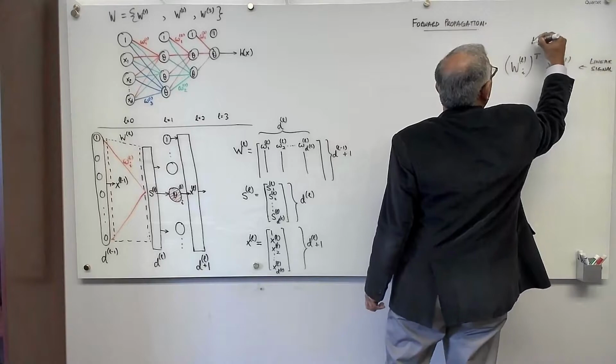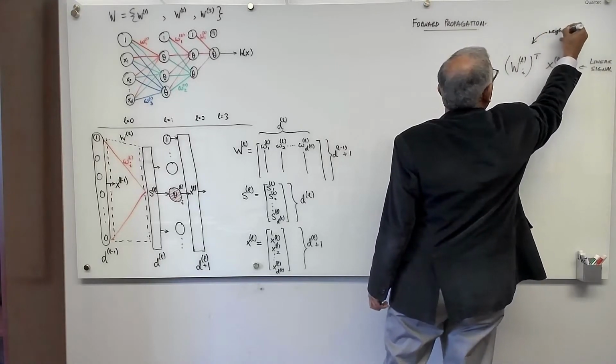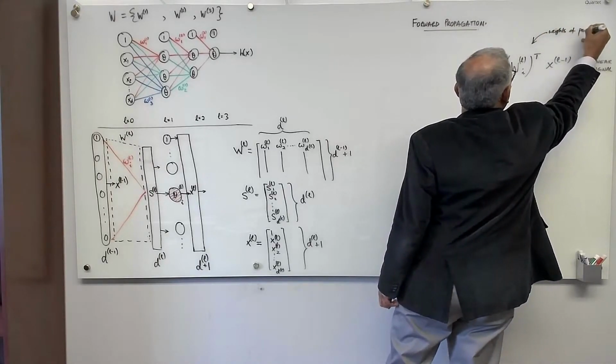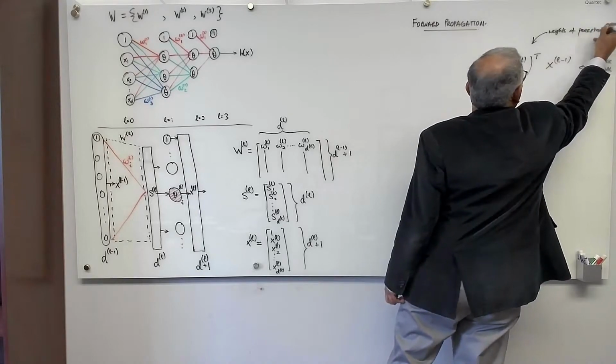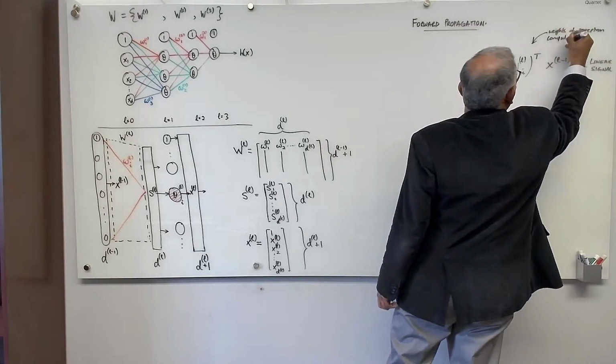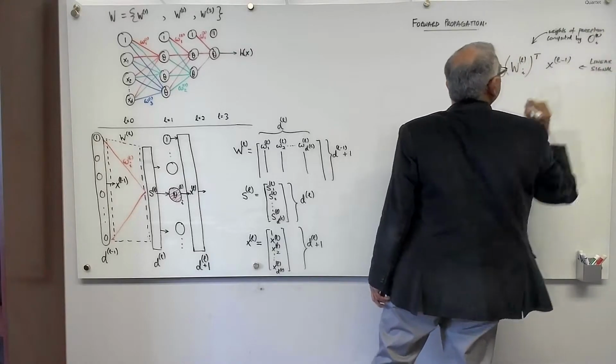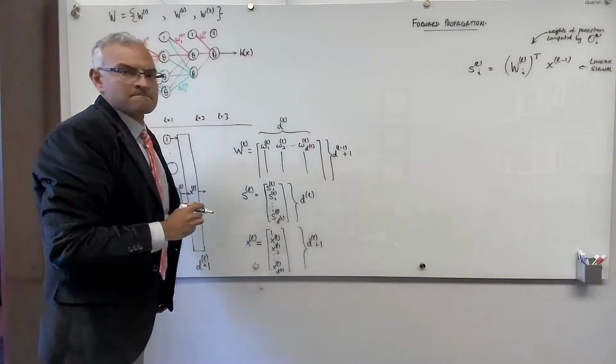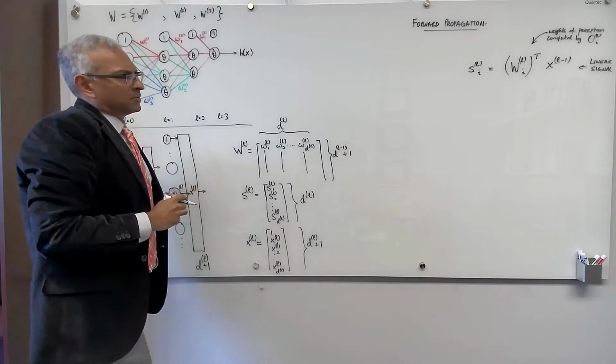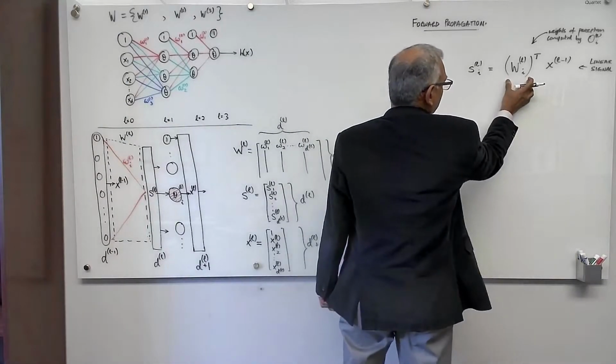And this here are the weights of the perceptron computed by node Li. You can think of this transpose as a row.